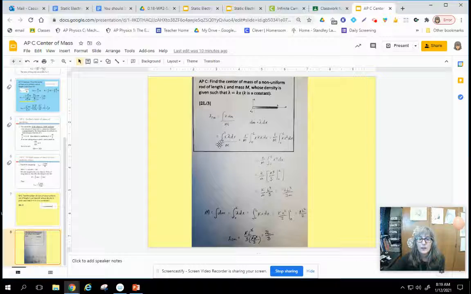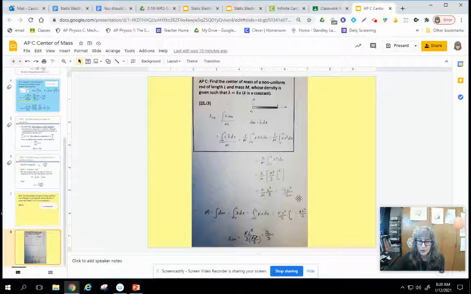So this is going to be going from 0 to L, x times the linear density dx, and the linear density is kx. I'm going to take the 1 over m out so that it's not part of the integral. Then here we've got the integral from 0 to L of kx squared dx. So the entire top part of this is then going to be kL cubed over 3m.